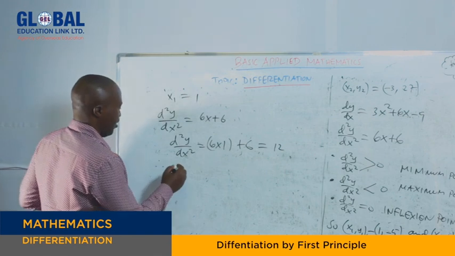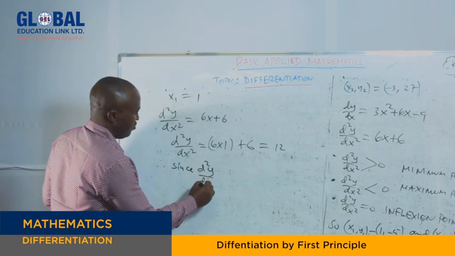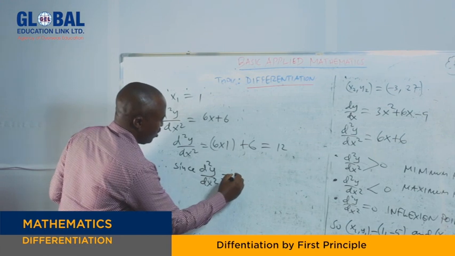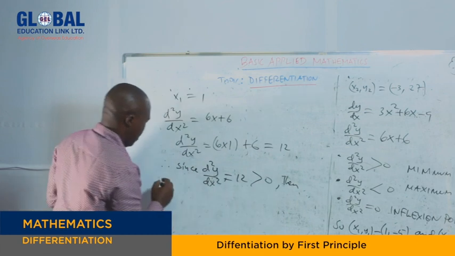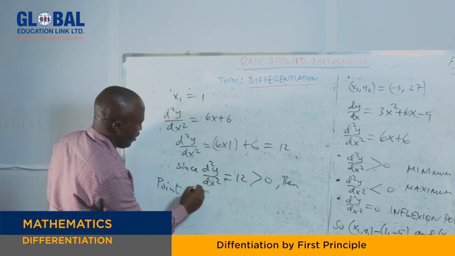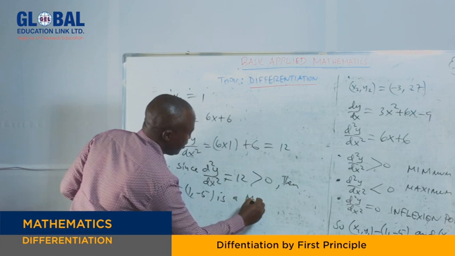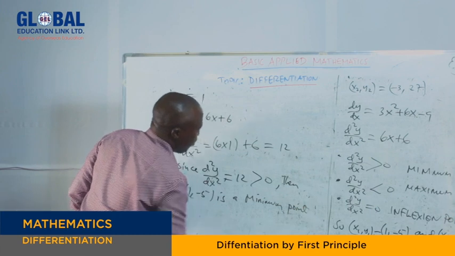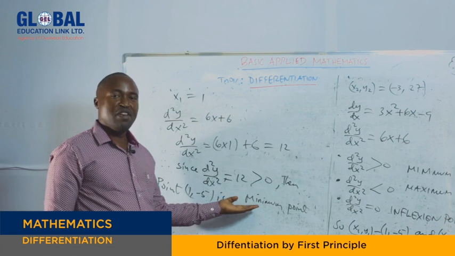Therefore, since the second derivative is equal to 12, which is greater than 0, the point 1, -5 is a minimum point.